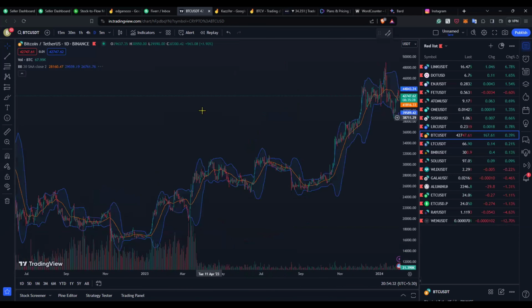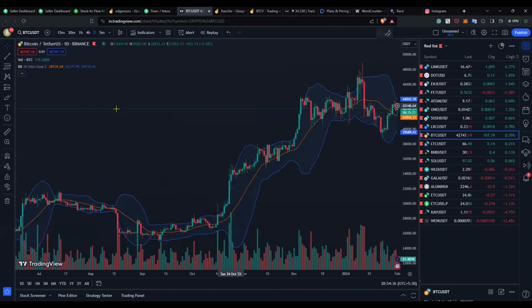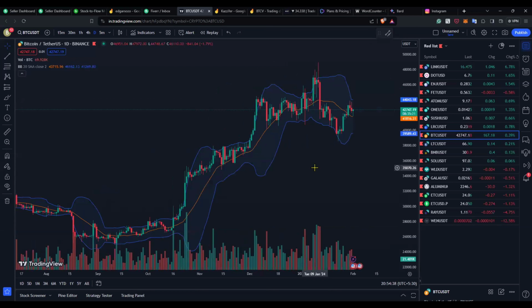This one, I sometimes use it. Not that much. It provides us a range in which the market can move. Bollinger Band is useful to understand.